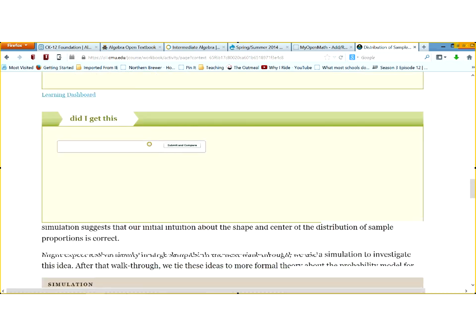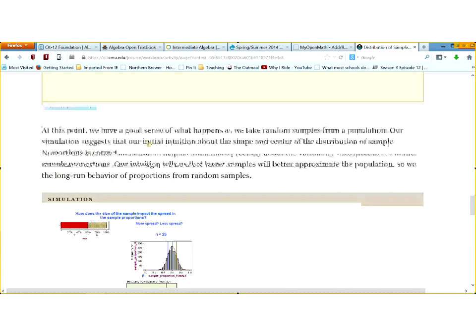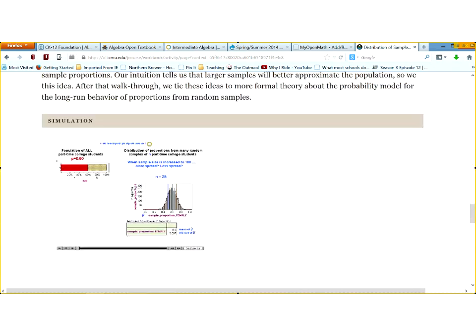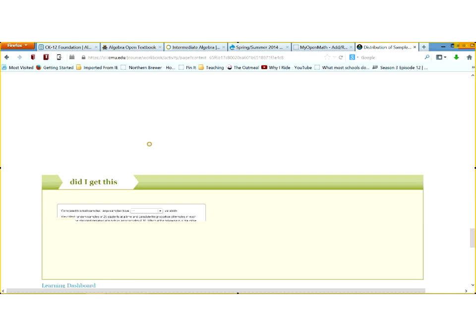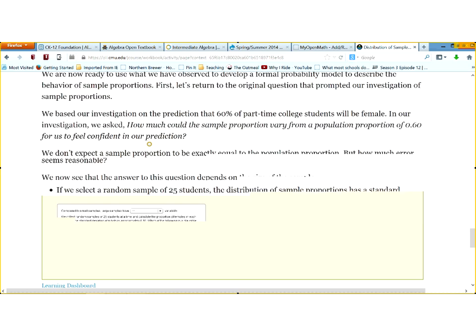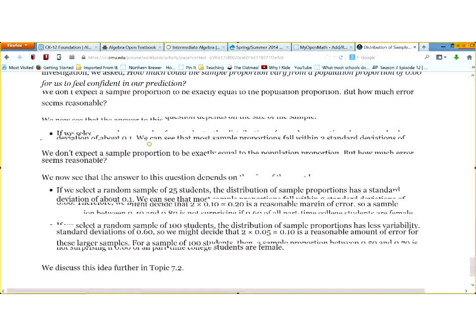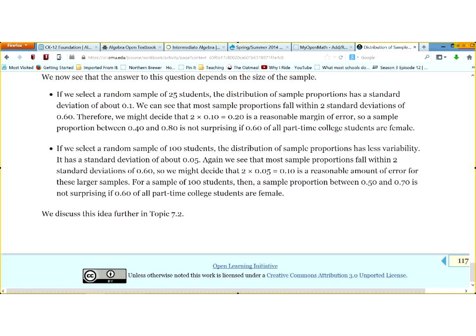All right. And here's another one where you have bell-shaped. So it says if we select a random sample of 100 students, the distribution has less variability. I think that must have happened in the second simulation.